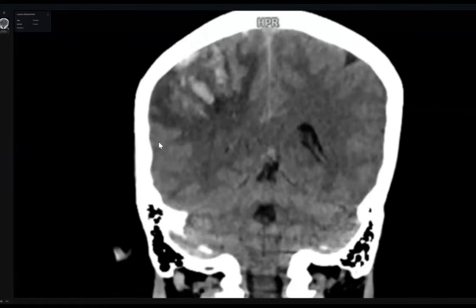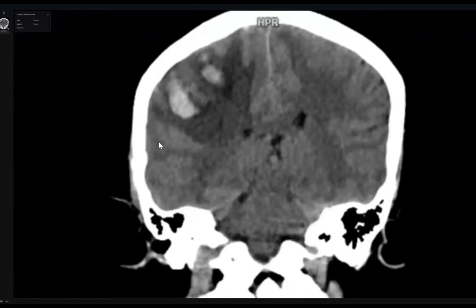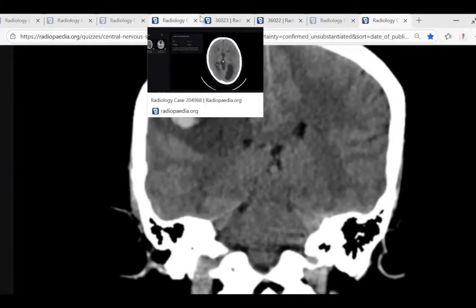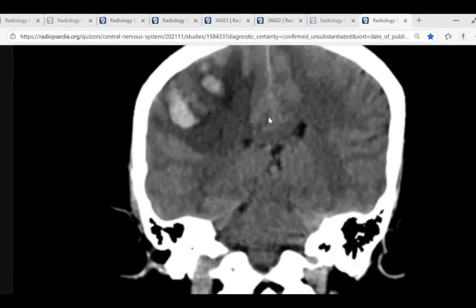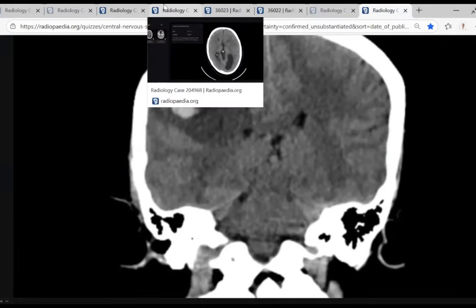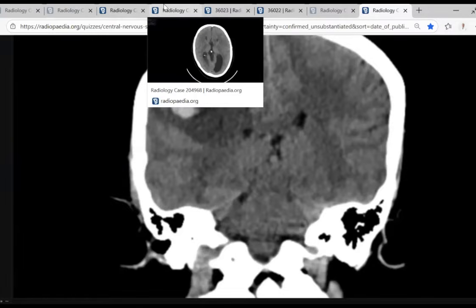It could be hemorrhagic infarction due to probably venous thrombosis. I see there is a hyperdense sagittal sinus. So, what's your diagnosis? So this is severe sagittal sinus thrombosis with hemorrhagic venous infarction.